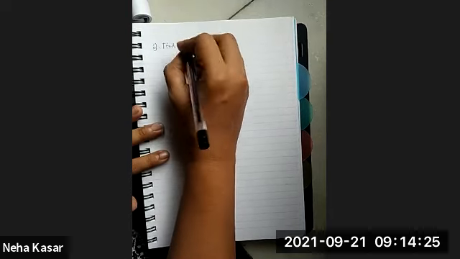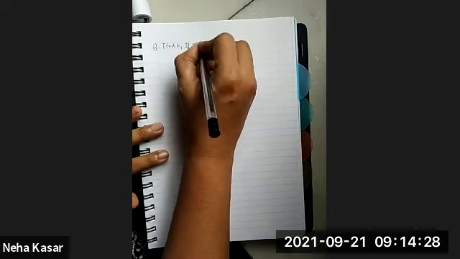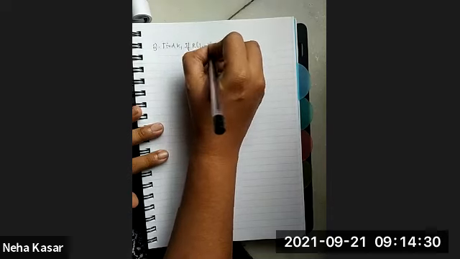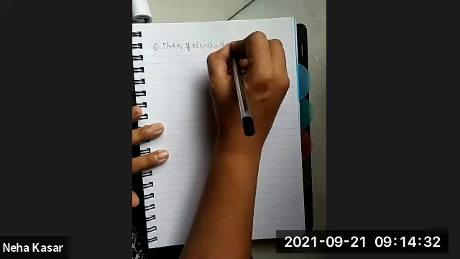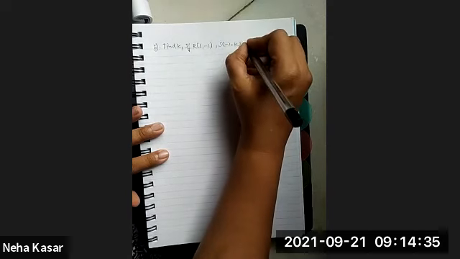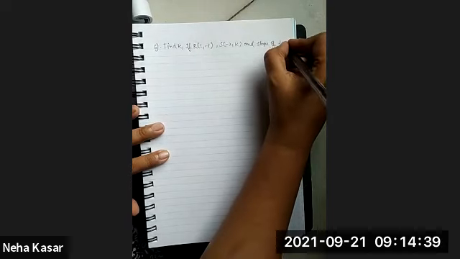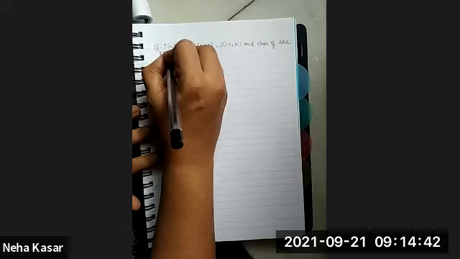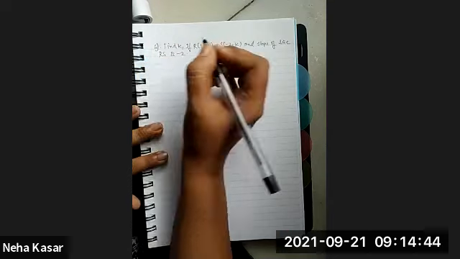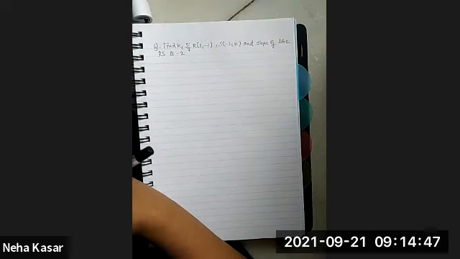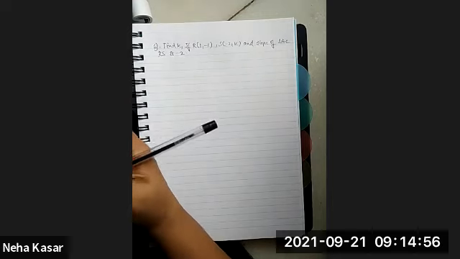So find k. ठीक है. तो in this case slope is given to us, that is -2, and we have to find the value of k. ठीक है. R and S are the points and slope RS is given -2.